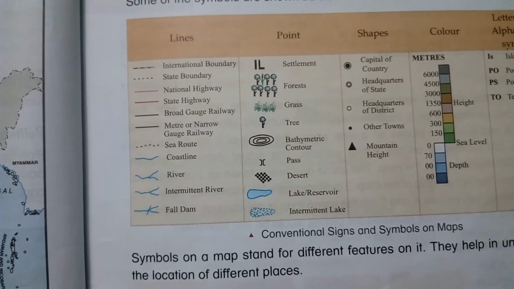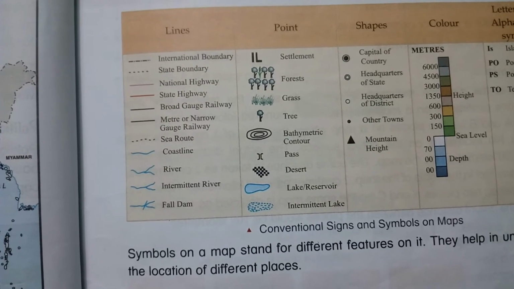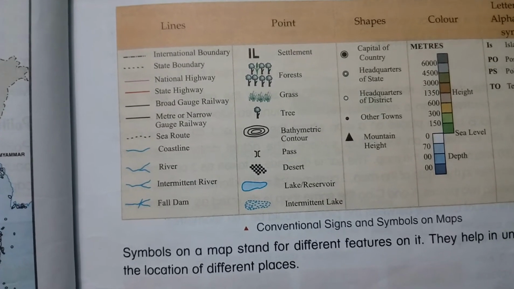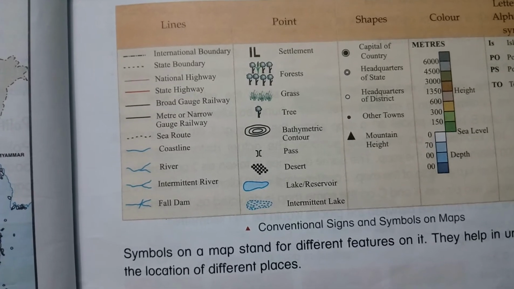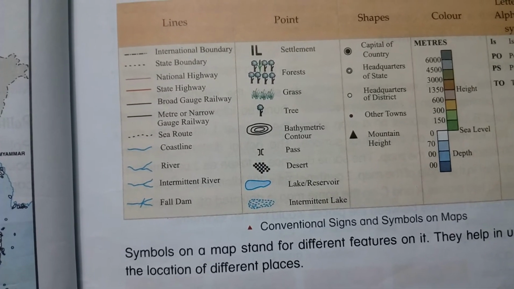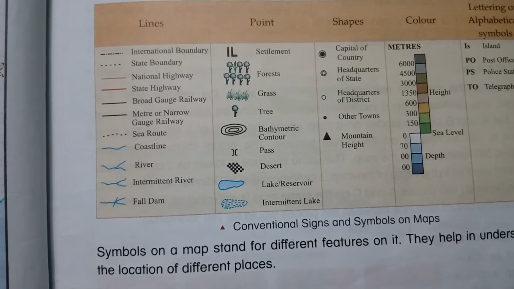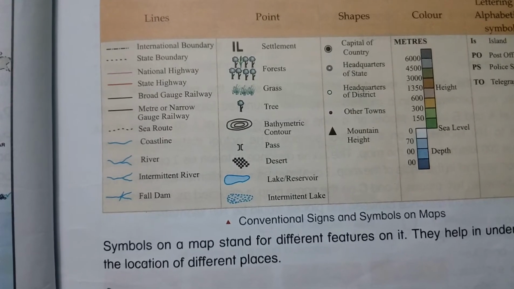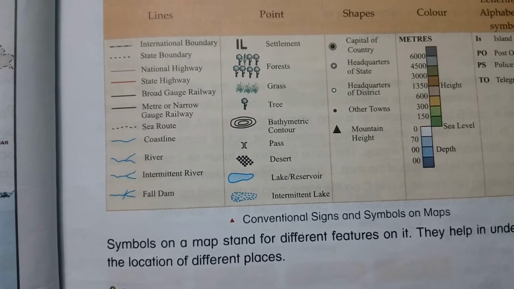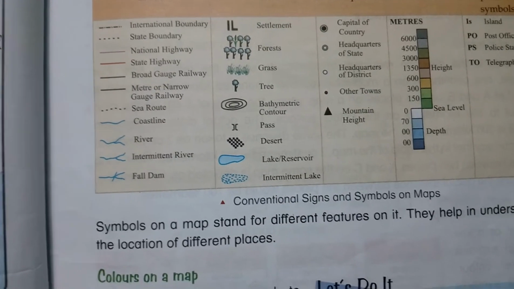Then points: settlement, forests, grass, tree, bathymetric contour, pass, desert, lake, reservoir, intermittent lake. Then shapes: capital of country, headquarters of district, other towns, mountain height.